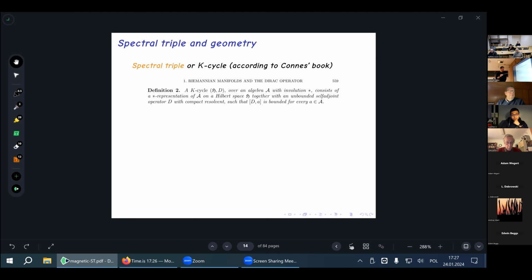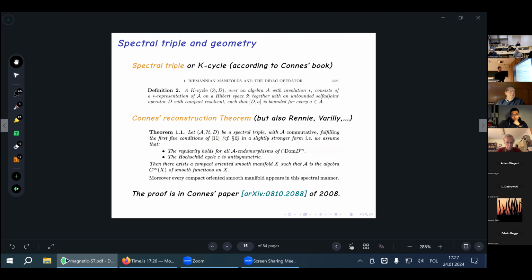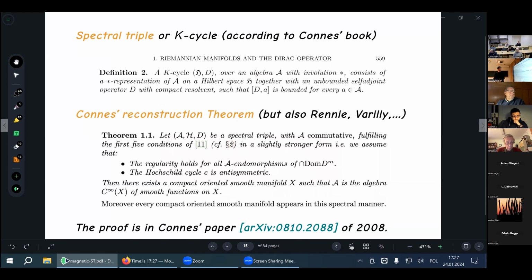I would like to insist on the compactness of the resolvent. Why is the spectral triple important? Let me give some geometrical interpretation. There is this reconstruction theorem by Connes, but many other authors worked toward a complete and definitive proof of this theorem, which was much longer than the initial sketch of the proof given by Alain.